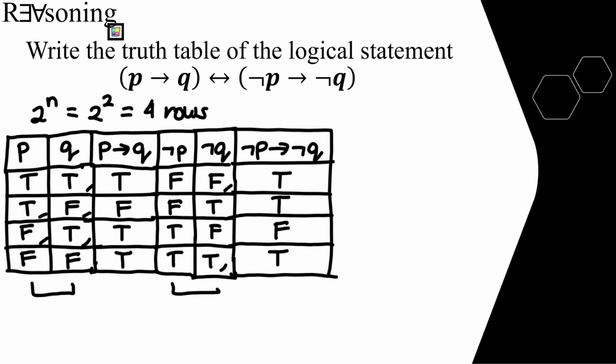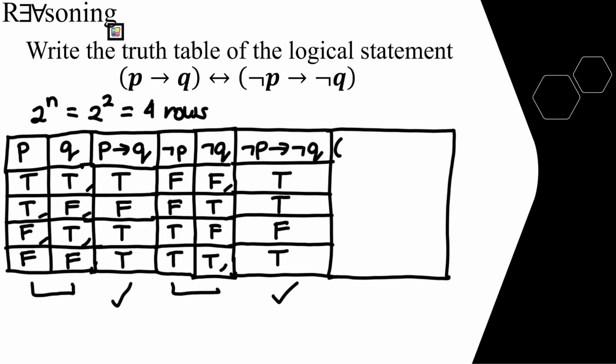Now, using this column, we can come up with our final column for the truth table for our generalized statement, or the original logical statement identified here. If P, then Q, if and only if, if not P, then not Q. Sorry, let me do it again.